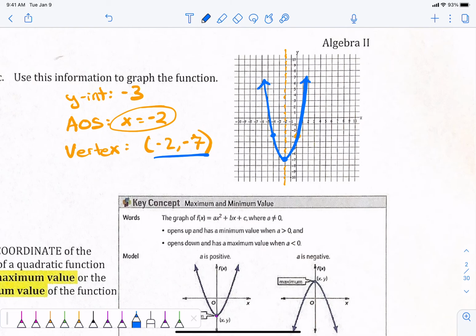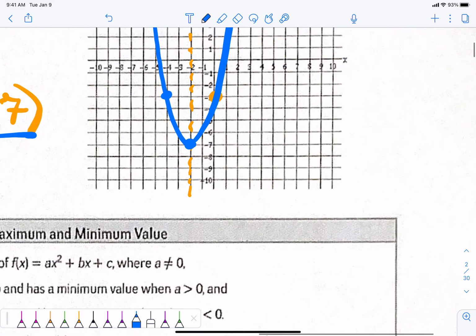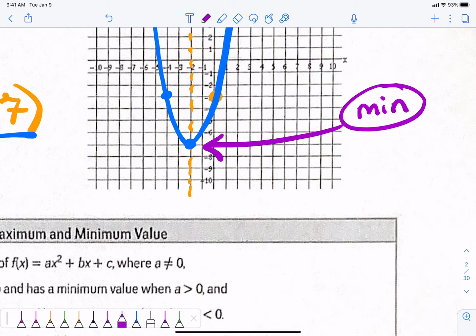Okay, the next thing is going to talk about maximums and minimums. And we already kind of talked about this already. This problem that we just did has a what? Minimum. He has a minimum. Now we have to decide where the minimum is at. He has a minimum at what?